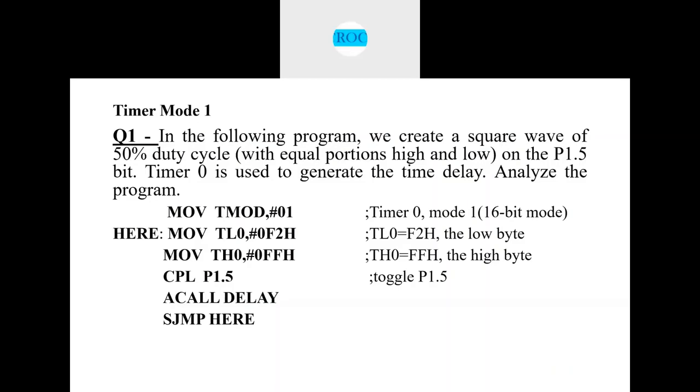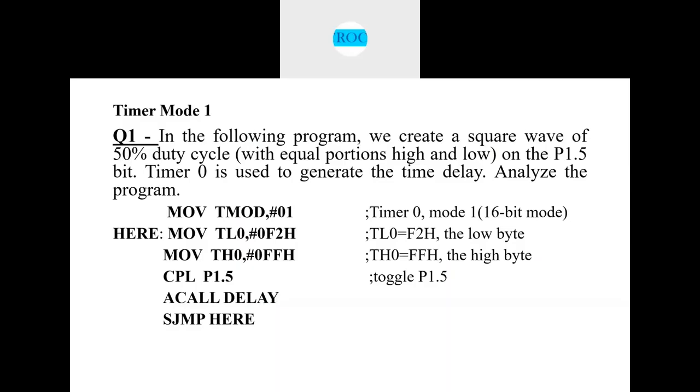In the following program, we create a square wave of 50% duty cycle with equal portions high and low on the P1.5 bit. Timer 0 is used to generate the time delay. Analyze the program.